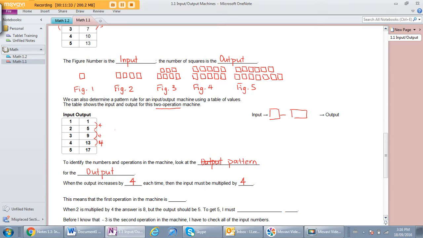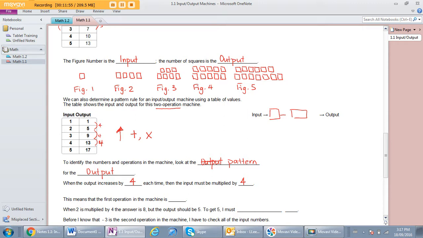If this is an increasing pattern, then I need to think about what operations go with increasing numbers. And if I'm increasing my numbers, my options are addition or multiplication. So I'm going to start with multiplication.